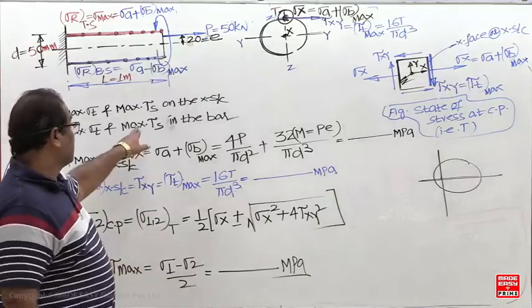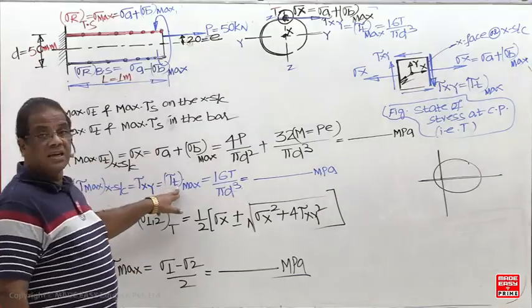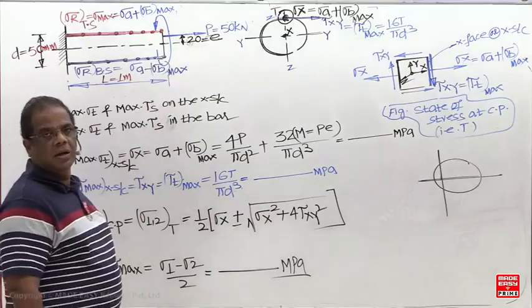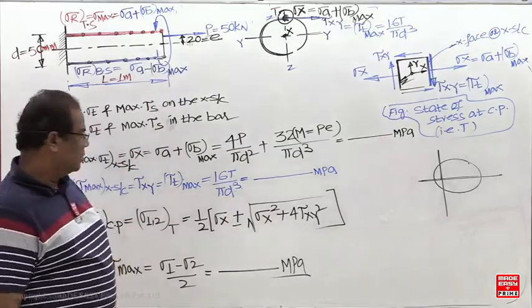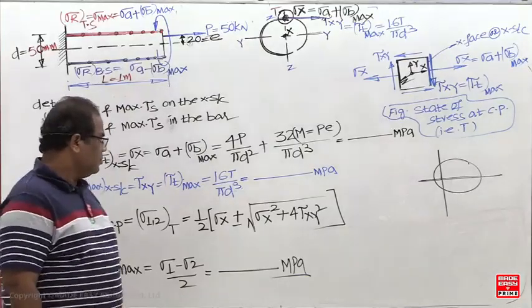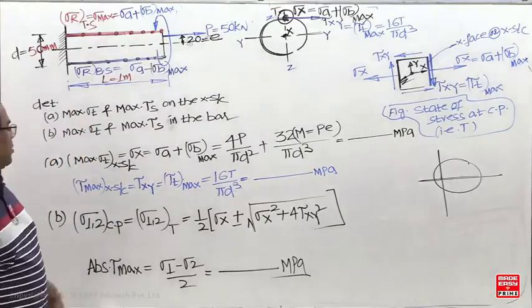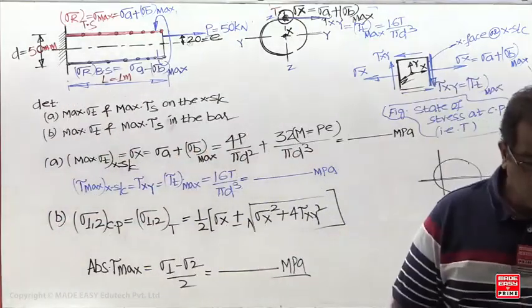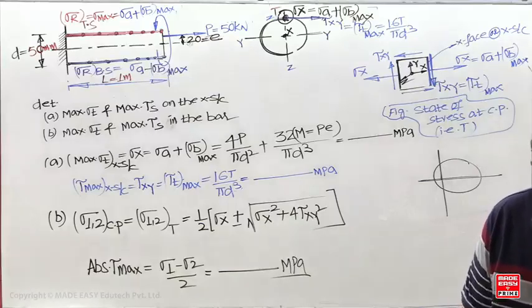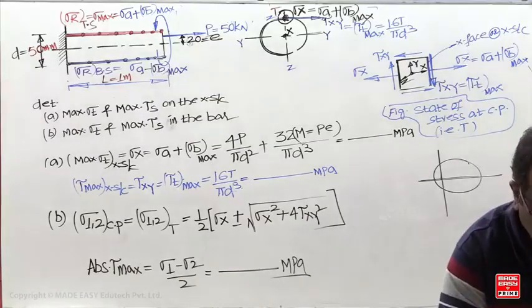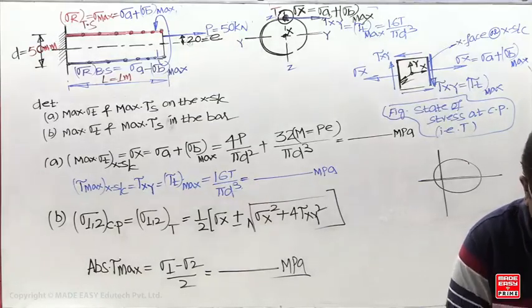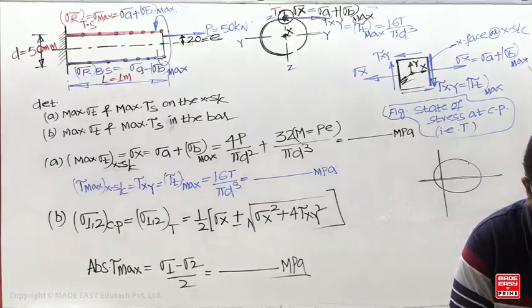But most students, if I ask the maximum shear stress in the bar, will take 16 T by pi d cube. 16 T by pi d cube is the maximum shear stress in the cross section. What are sigma x and tau xy? So they are getting different values. What is the first value, my dear friend?